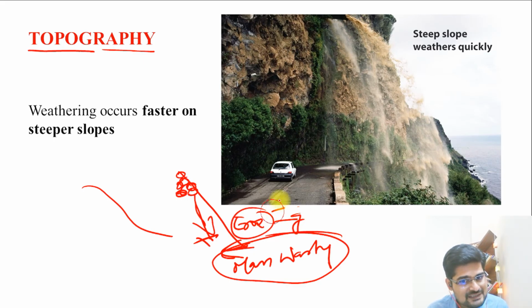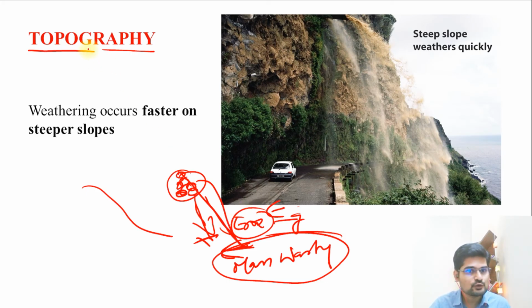So erosion is the basic process because there is a removal of material. But why is it part of mass wasting? Because slope is involved, because gravity is involved. So what happens? Due to topography, gravity comes into the picture. So weathering occurs faster on steeper slopes. So that is how weathering, erosion and mass wasting are related.